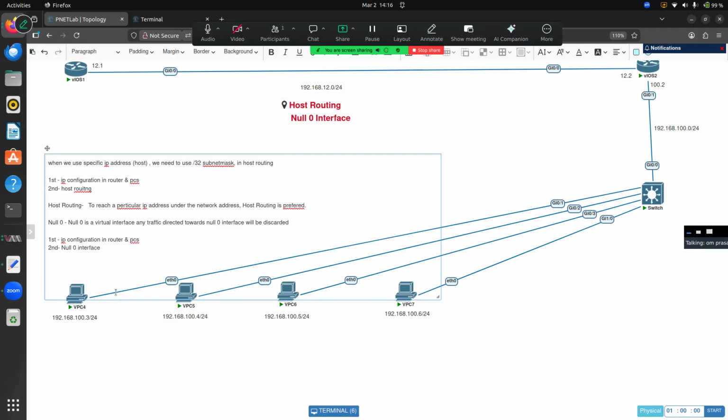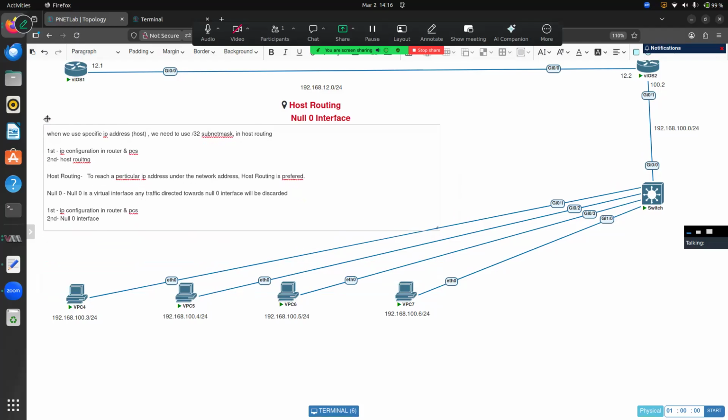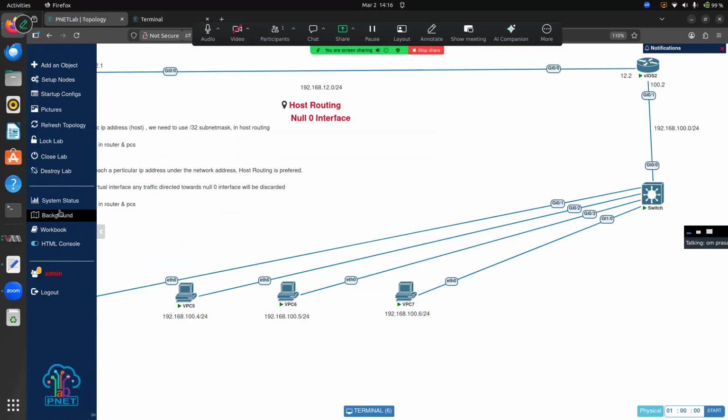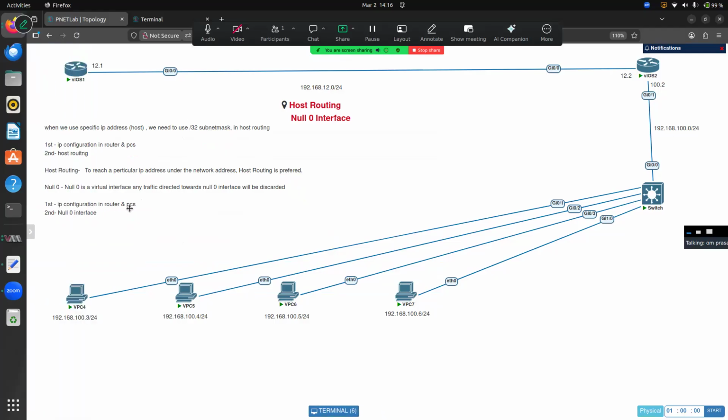Okay. Same thing. The IP configuration is already done in the PCs and routers. Only the null zero interface I have to configure.